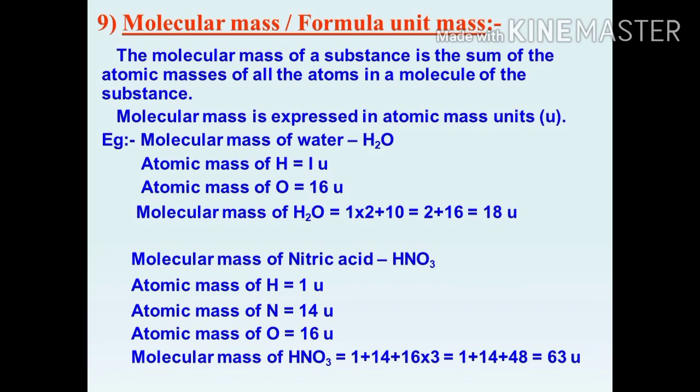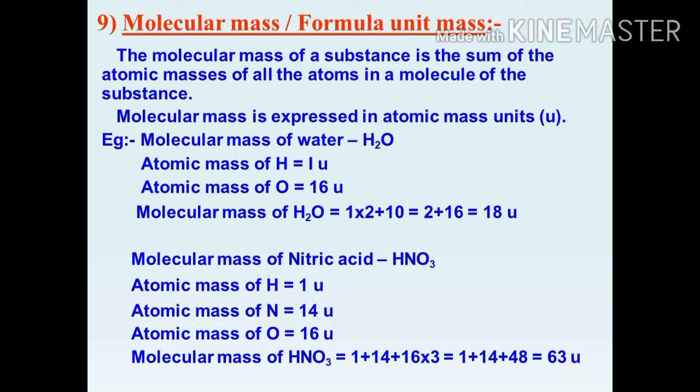They have given atomic masses of a few elements: hydrogen 1, carbon 12, nitrogen 14, oxygen 16, sodium 23, magnesium 24, sulfur 32, chlorine 35.5, calcium 40. You should learn this table by heart, then only you can do this problem.